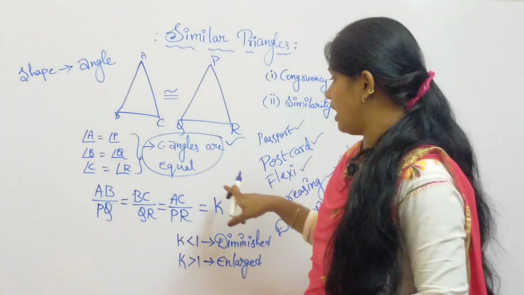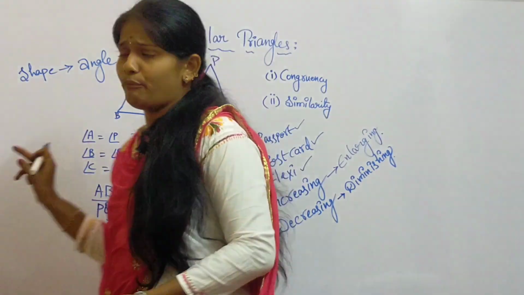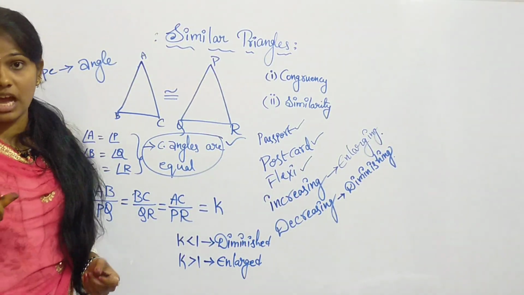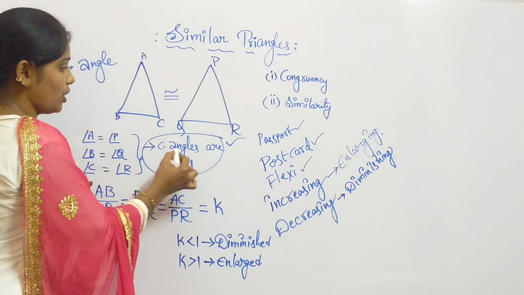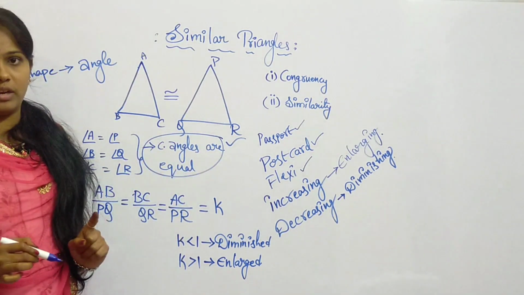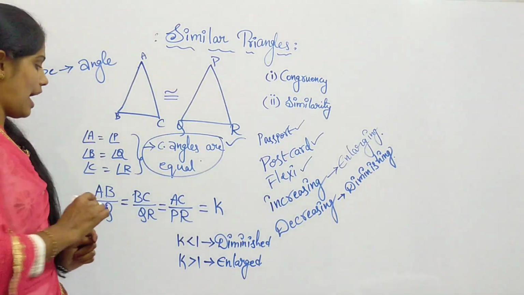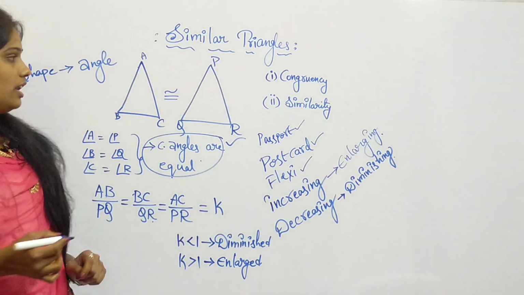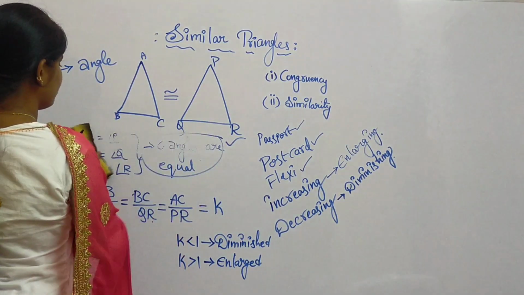And now when it comes to triangles, two triangles are said to be similar if and only if their corresponding angles are equal and their corresponding sides are in proportion. Let us write the definition of a similar triangle.